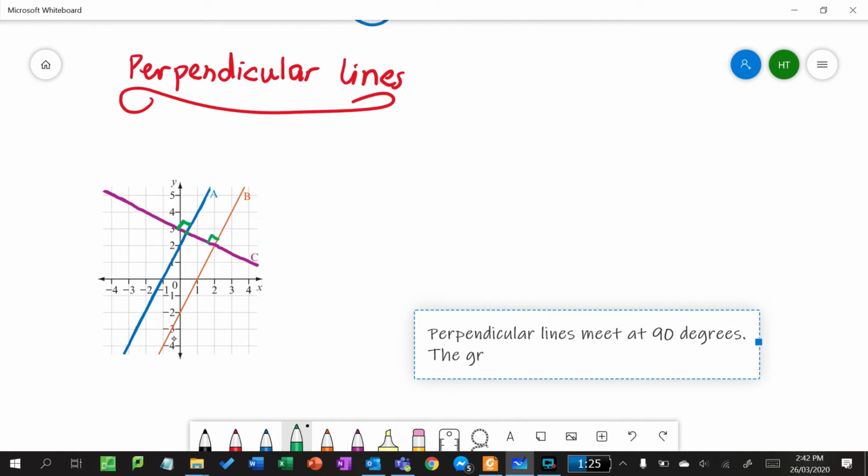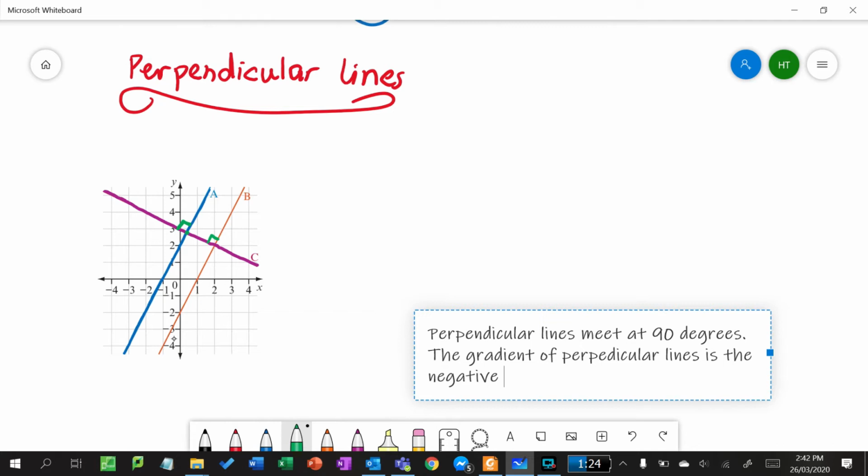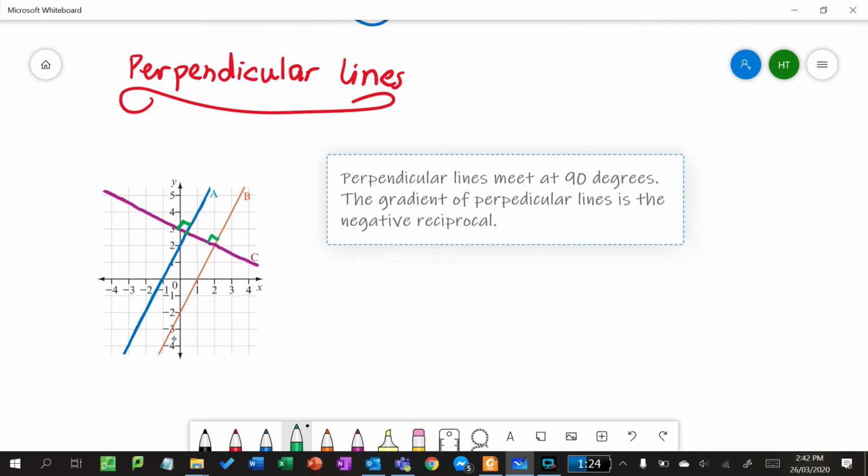The gradient of a perpendicular line is the negative reciprocal. What does a negative reciprocal mean? Let's take a look at a few examples.